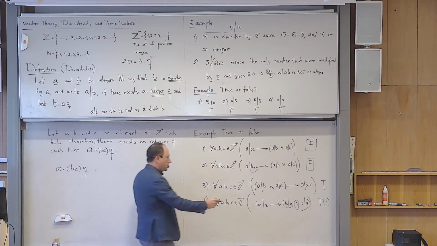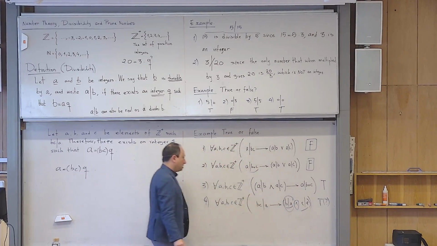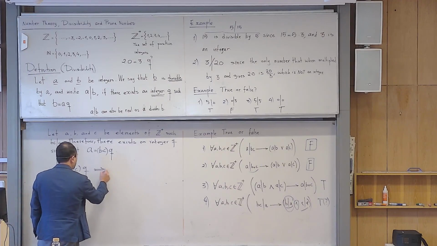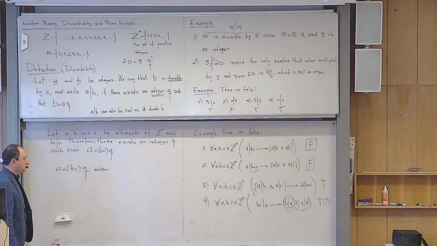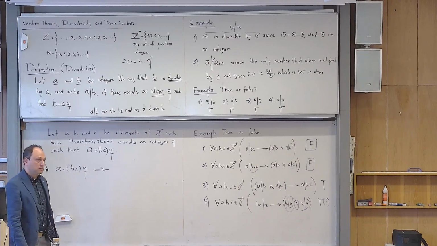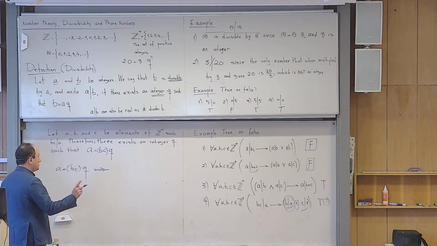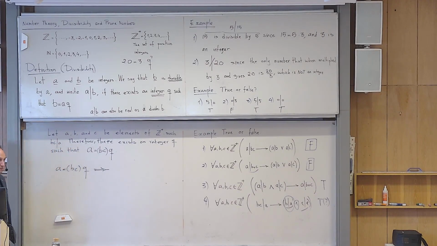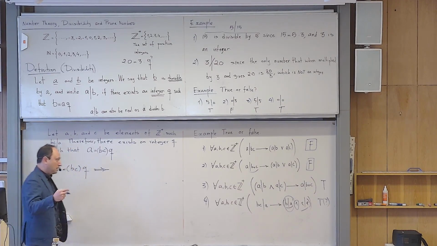Let us concentrate on the first one. B divides A. What do you think I will write here so that I can convince you B divides A is true? Because if you understand what is going on, everyone should be able to write something in front of it. So let me guide you.